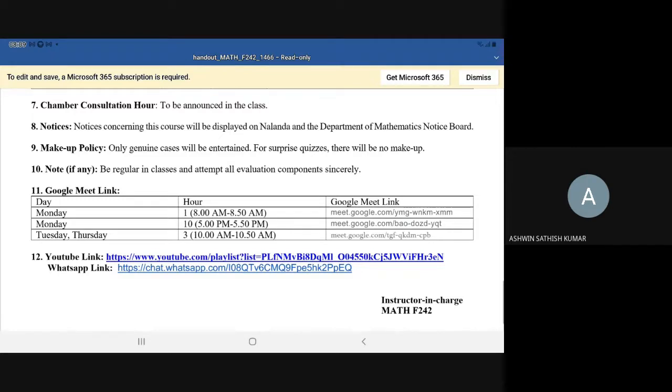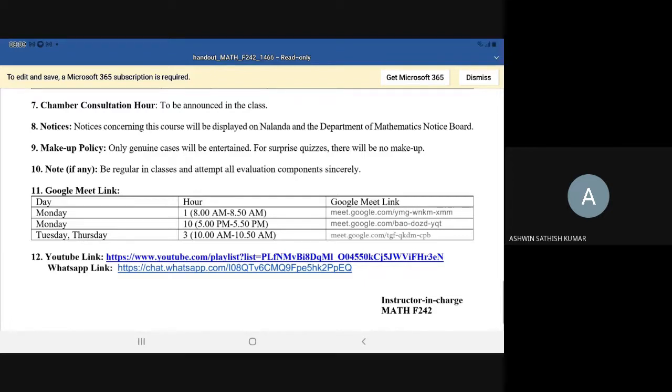So anything you want to ask about the course, any students? This is an easy, scoring course, but I have seen students make a lot of calculation mistakes, and due to that they lose marks, right?